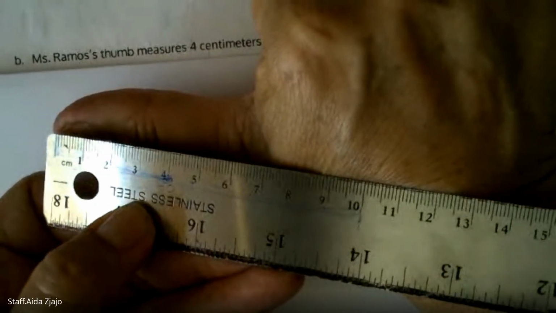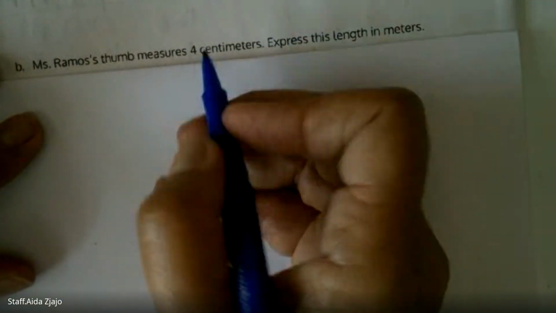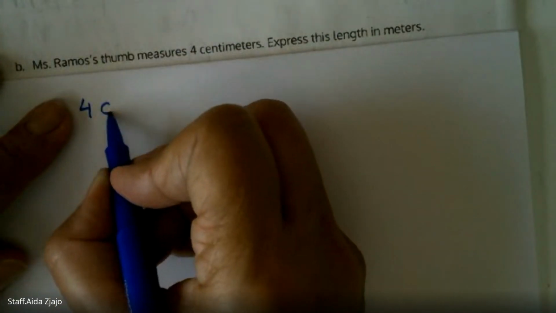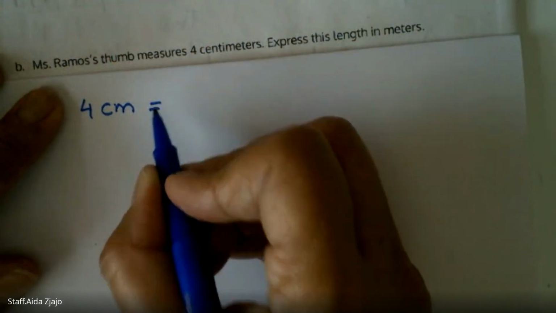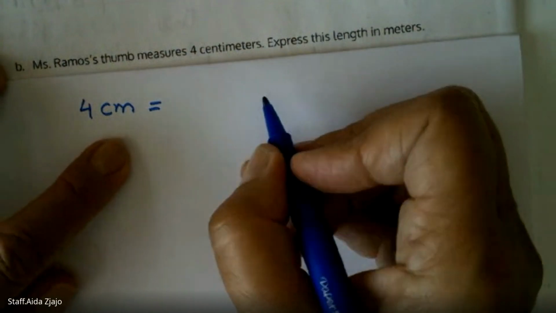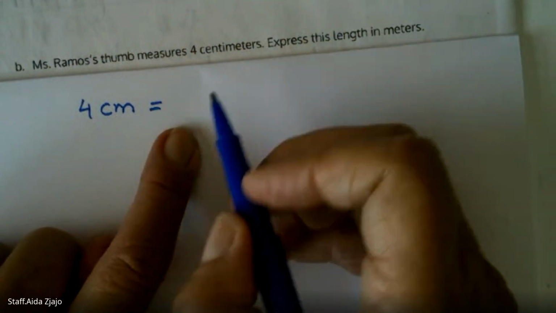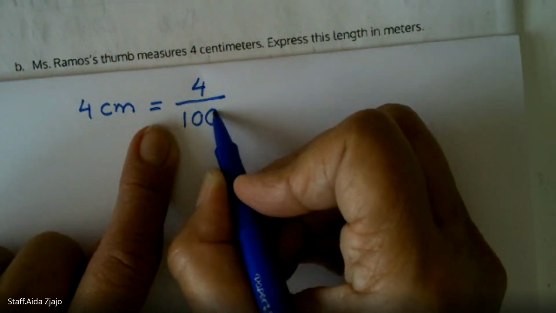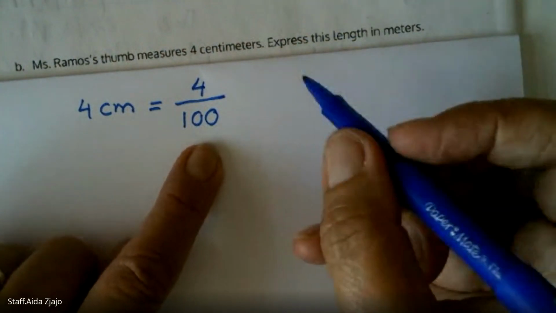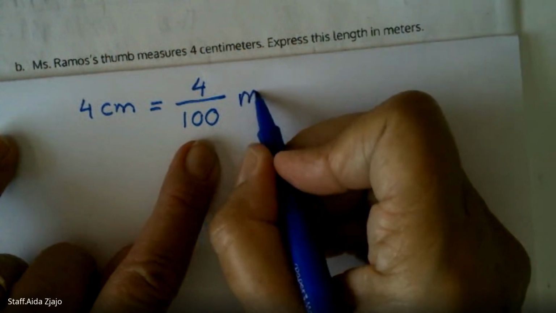Mine is bigger. But his thumb is 4 centimeters, and I need to express that in meters. So 1 meter is 100 centimeters. So I only have 4 out of 100 centimeters. His thumb is 4 out of 100 of the meter.